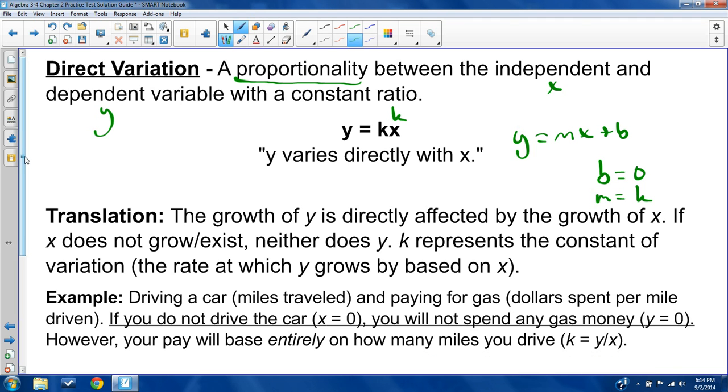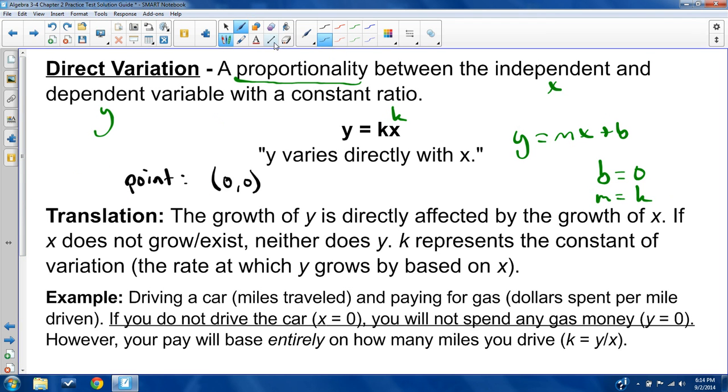It's very important that you find that in the problem, though, because then you know your y-intercept is 0, then a point in your graph is 0, 0. It crosses through the origin. And that's the whole thing about proportionality. These things grow at the same rate. Here's the translation.